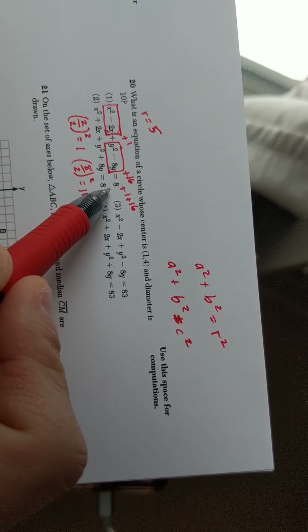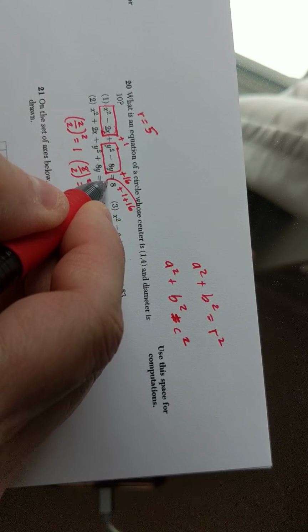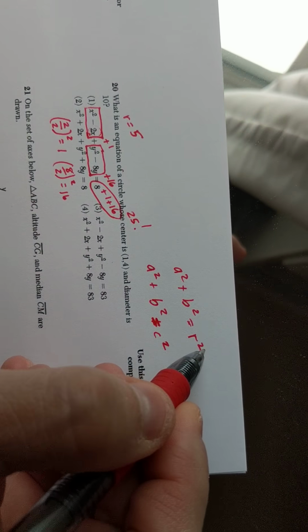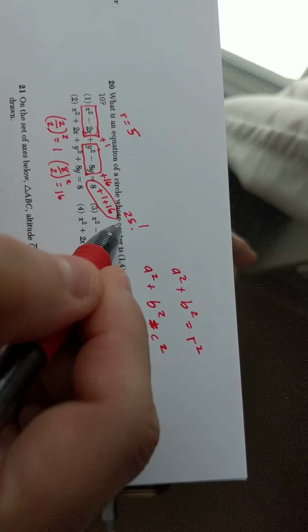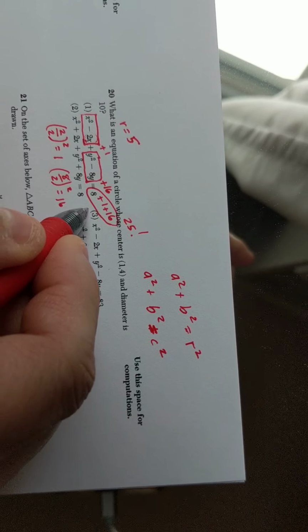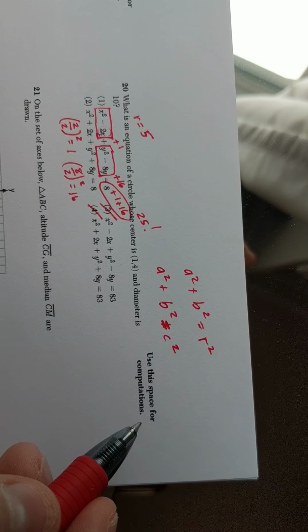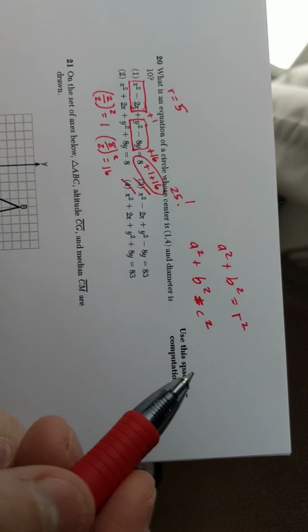So what I end up getting is 17 plus 8, which is what number? 25. If I square the radius, I want 25. So it is not going to be choice 3 or 4. But now I have to figure out which one of these is going to give me the correct center.